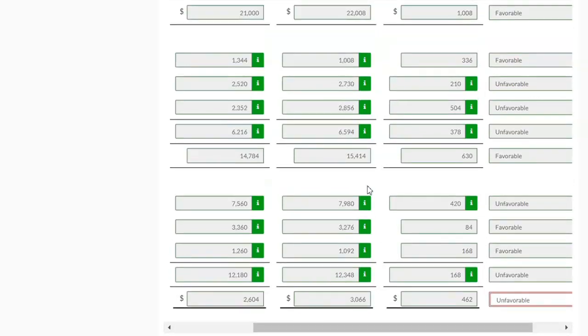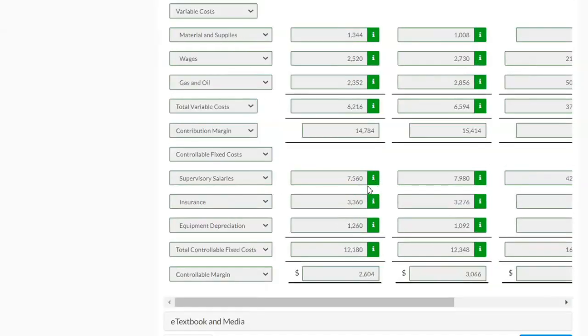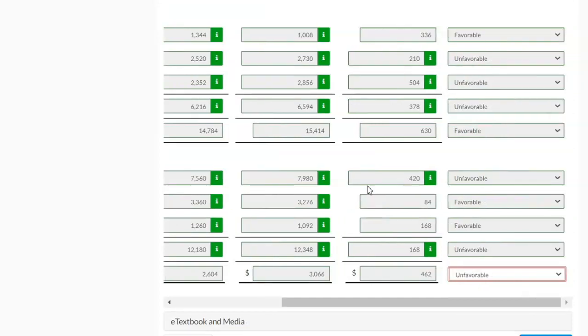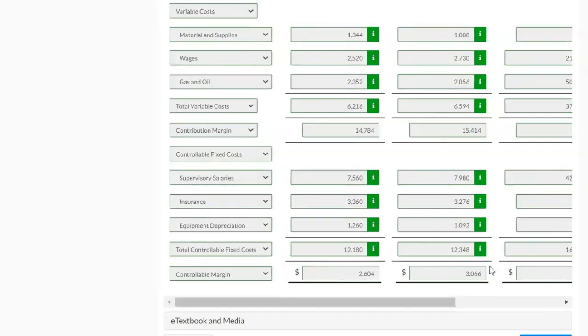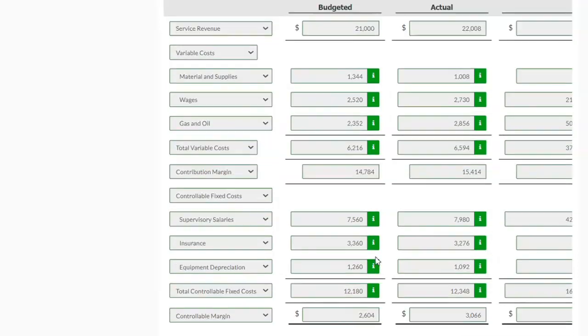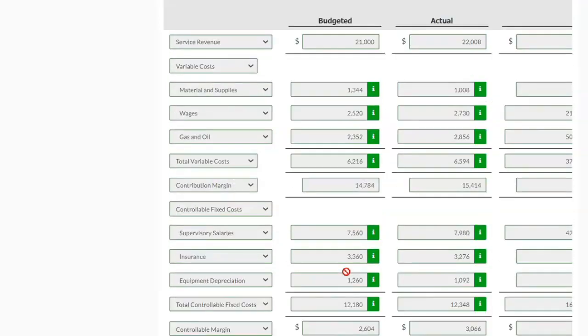What's confusing here is this number is higher than this number, and the actual number is higher than the budgeted number.